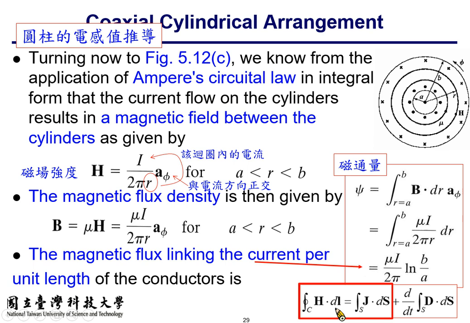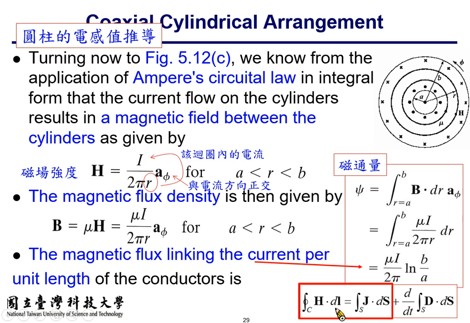Okay. The surface integral is taken on which places? It's not the circular region between the outer and inner cylinders, because the direction of this surface is in the z direction.